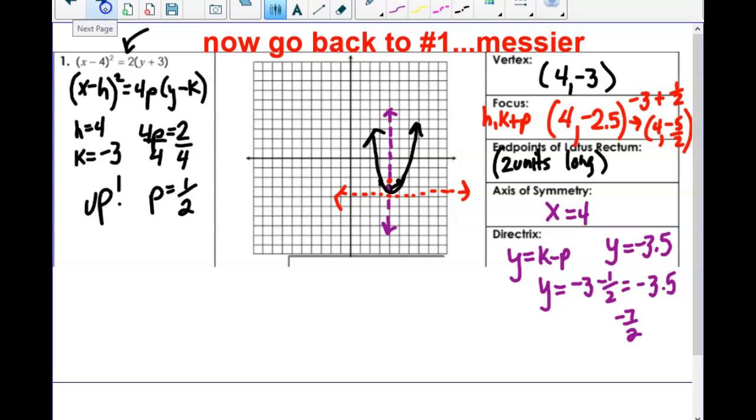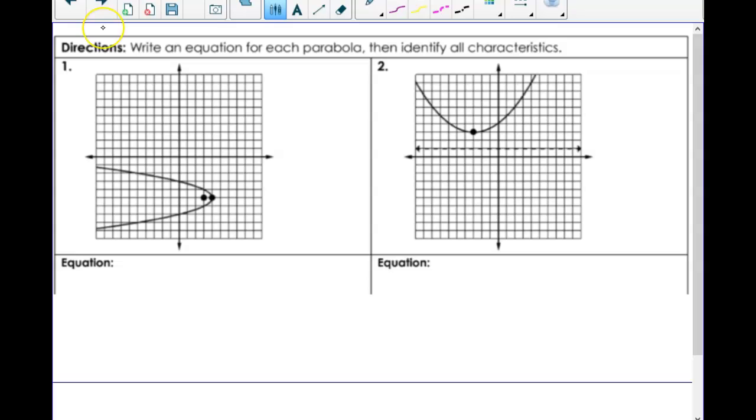All right. Rather than do another one of graphing, I want to see if we can write an equation for these. Can anybody tell me what P is on number 1? Yes, it is the distance from the focus to the vertex, right? Or the distance from the vertex to the directrix. So here P is 1. Anybody going to correct us a little bit?